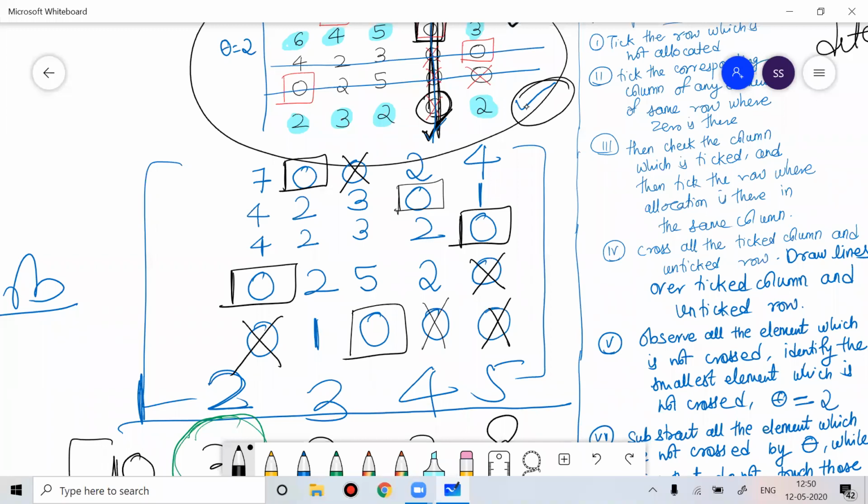Again you will get a new matrix, and again you do allocation of the matrix. If every row got allocated, you got the optimal solution.